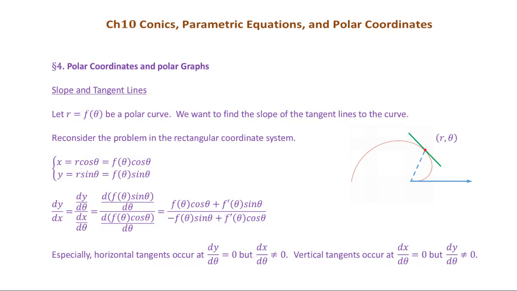But when dy over d theta is not 0 and dx over d theta is 0, we get 0 in the denominator but not in the numerator, so we have something divided by 0, and that's undefined. In that case, we actually have a vertical tangent, right?